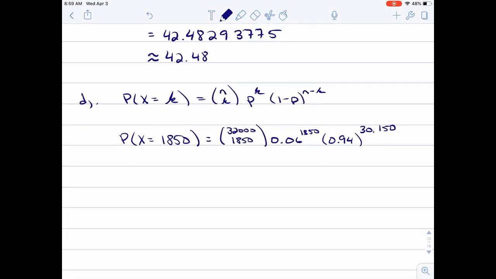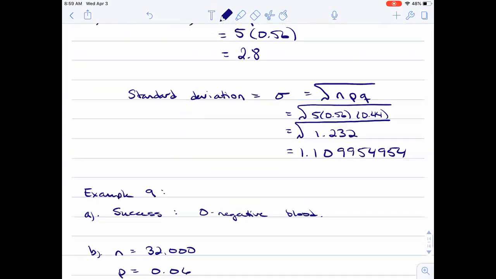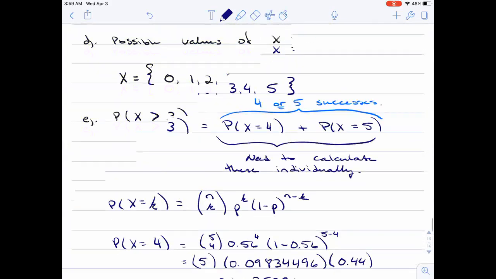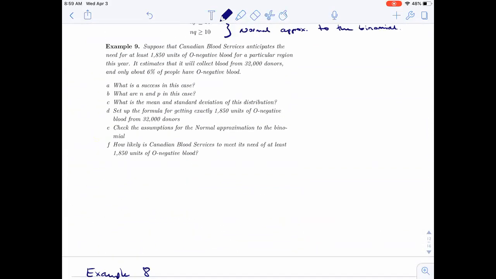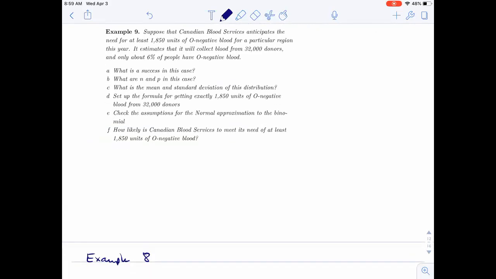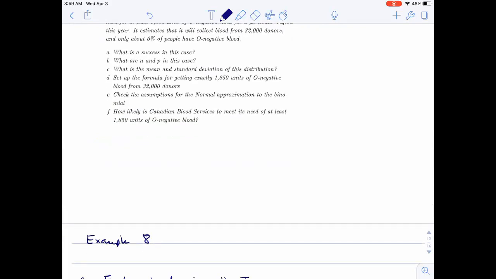So we will be able to find the answer to, well, E, check the assumptions, but F is what I was going for. So part E, check the assumptions for the normal approximation to the binomial. And then part F, how likely is Canadian Blood Services to meet its need of at least 1,850 units of O negative blood?